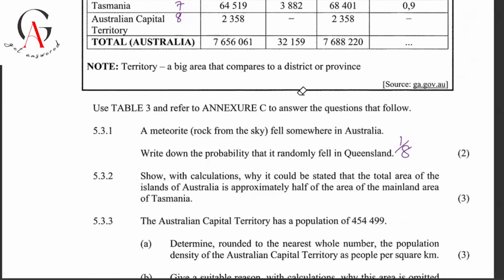So the answer becomes 3215 divided by 68401. Just do that and you see what happens. It gives 0.47. Then if you round off, this is approximately what? Approximately a half.